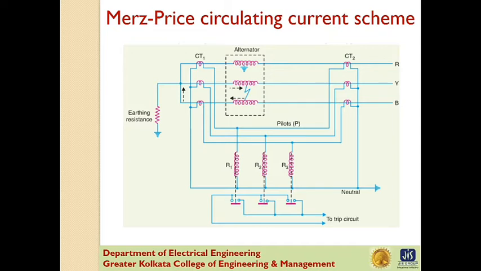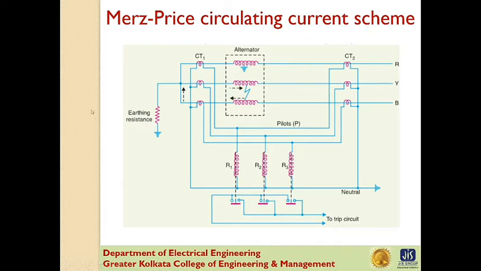In order that the burden on each current transformer is the same, the relays are connected across equipotential points on the three pilot wires, and these equipotential points would naturally be located at the middle of the pilot wires. The relays are generally of electromagnetic type and arranged for instantaneous action, since a fault should be cleared as quickly as possible.